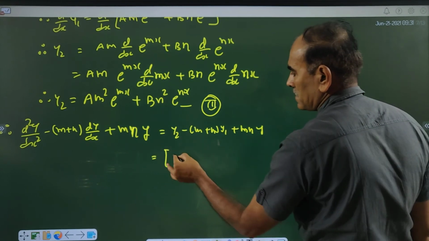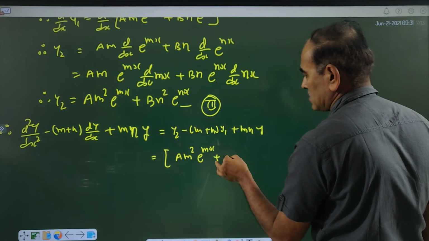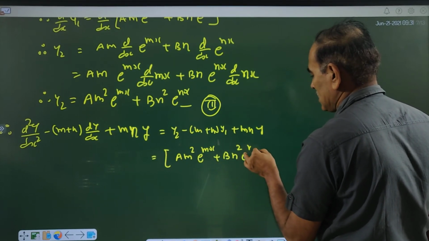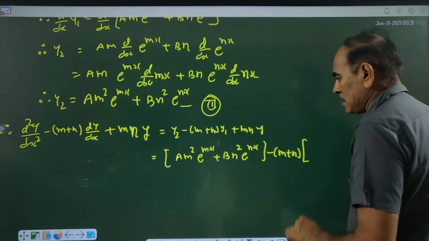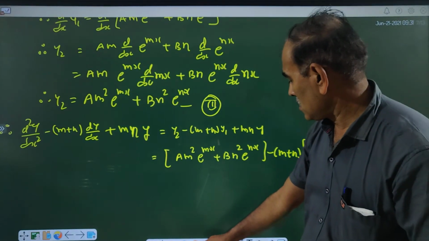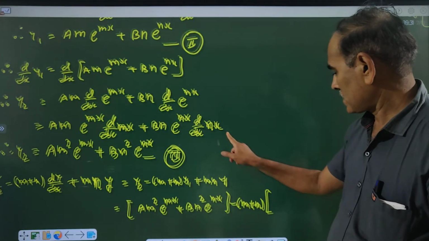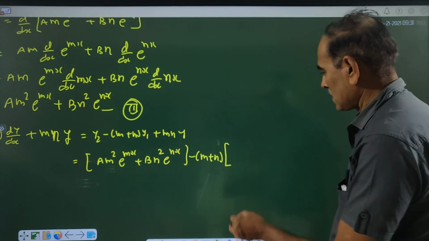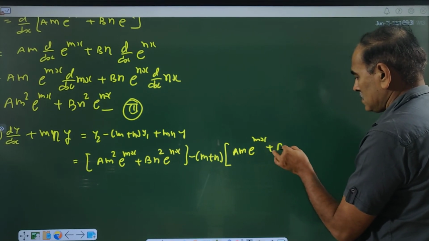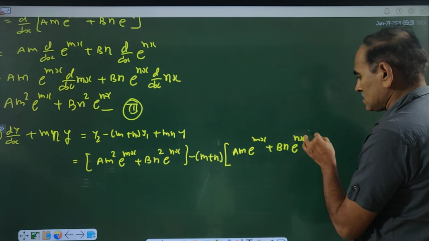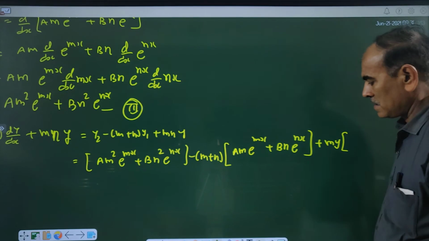What is y2? am square e raised to mx plus bn square e raised to nx, minus (m plus n) times y1, what is it? am e raised to mx plus bn e raised to nx, plus mn y.